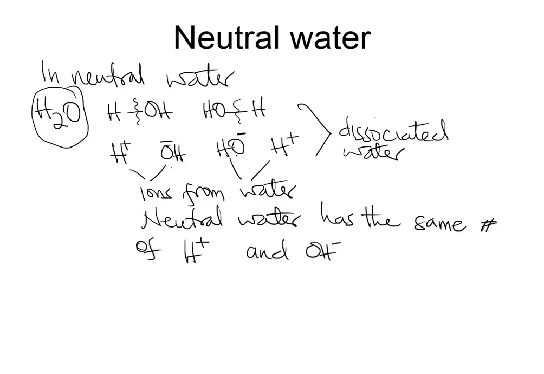So if you have the same number of H plus and OH minus, that is neutral water. So if someone asks you what is a neutral water, you just say neutral water has the same number of H plus and OH minus. This neutral water will have a pH of 7.